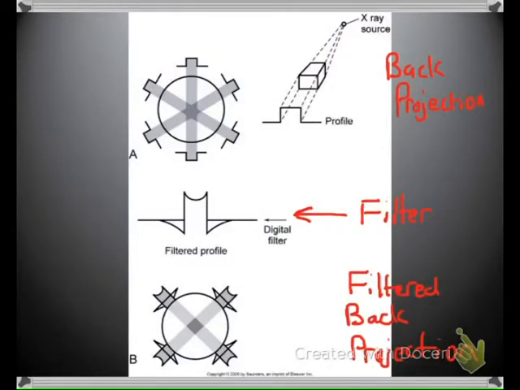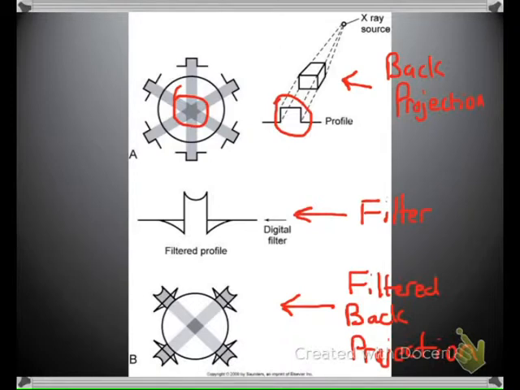So here we see this diagram. We have back projection, then we have the filter, and then we have filtered back projection. Basically, filtered back projection without the filter is still back projection. If we look at the image, where we should see a profile that looks something like a square or a rectangle, we see that we have a star pattern simply because of the back projection.